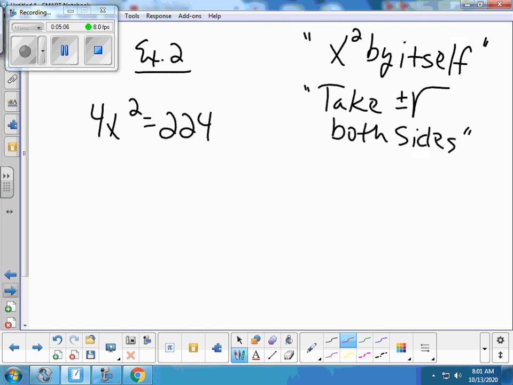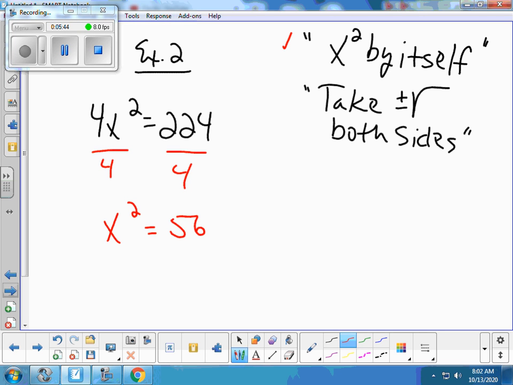Okay, so example number 2, step number 1 right here. Get the x squared. So in your mind, in terms of what you're doing, you're telling yourself we want to get the x squared by itself. Well, how are we going to go about doing that? Do the opposite operation to both sides. So here, this is 4 times x squared, so divide both sides by 4. You get x squared equals 56.